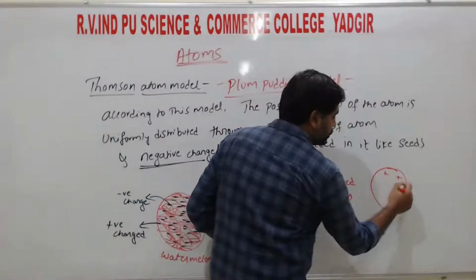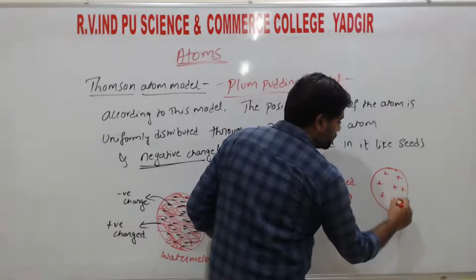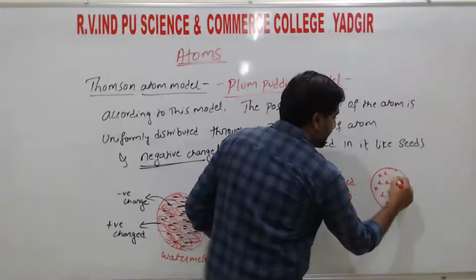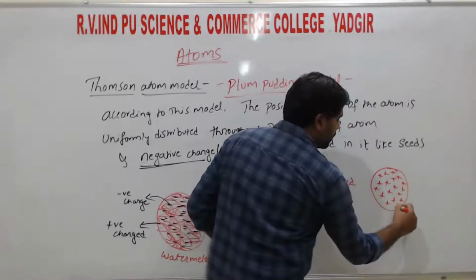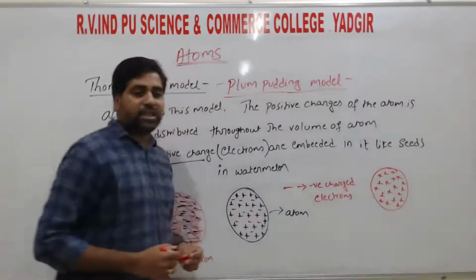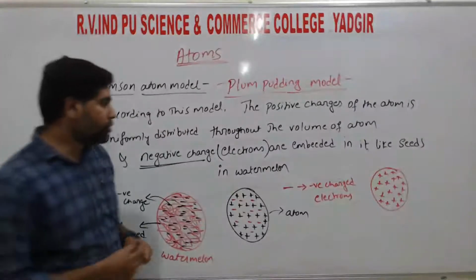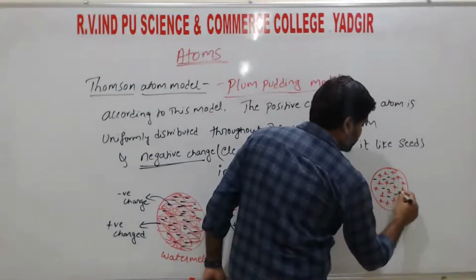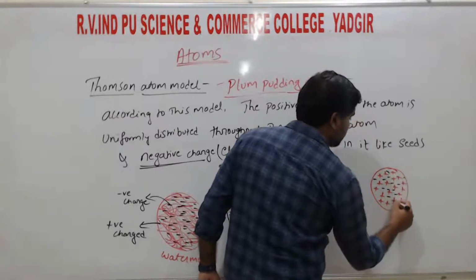Those dry fruits are compared with the negatively charged electrons, and the cake which is made, those are the positive charges.